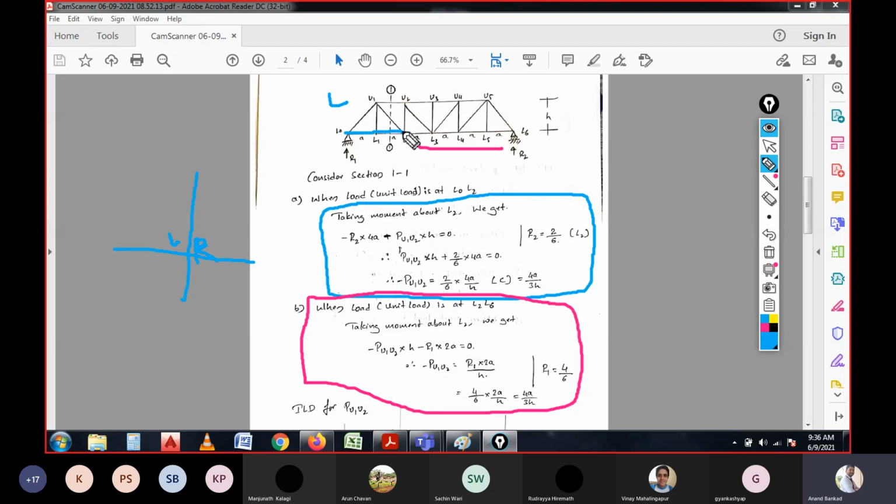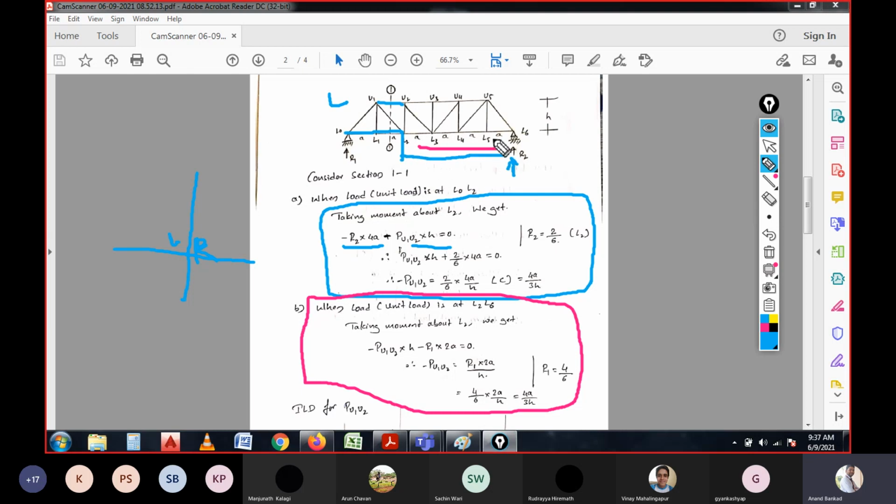When the load is acting at L2, we are just taking the moment about this point. It is not at L1, it is not at L0. We are taking the moment at L2 with reference to the reactions and the force U1 U2. Here R2 will be the reaction force for the distance of this one.